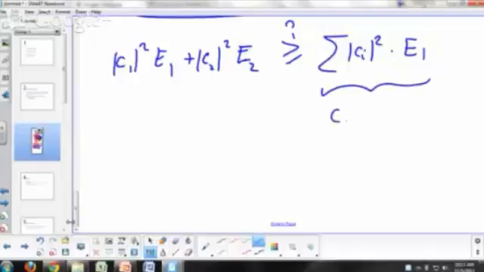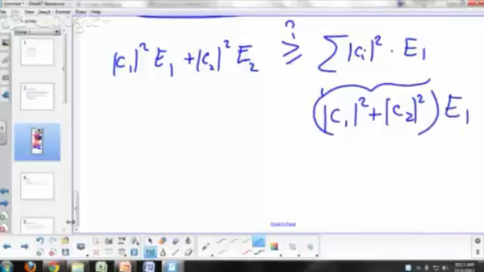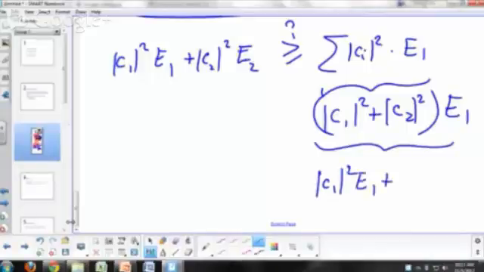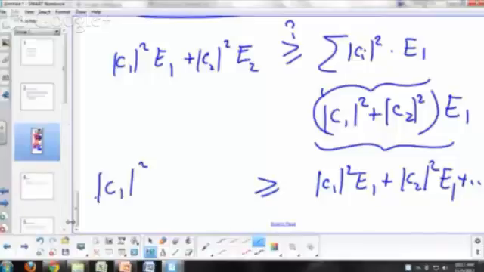This is just going to be C1 squared plus C2 squared times E1, right? So this one becomes C1 squared E1 plus C2 squared E1 plus, and so on. And this one you have C1 squared E1 plus C2 squared E2 plus, and so on and so forth.